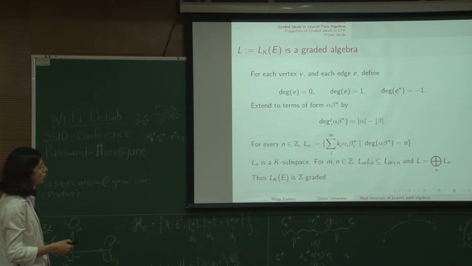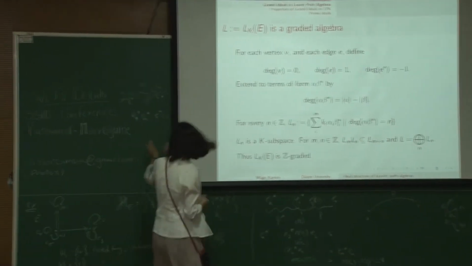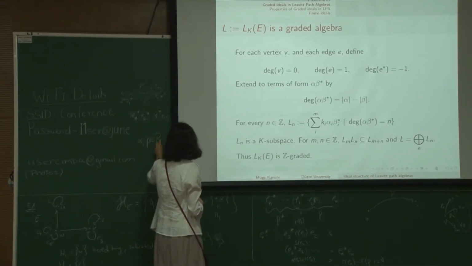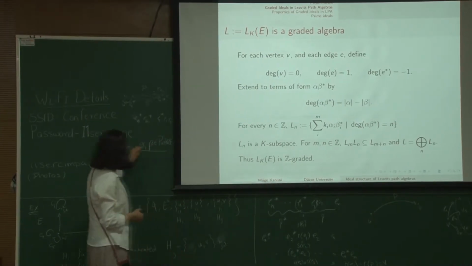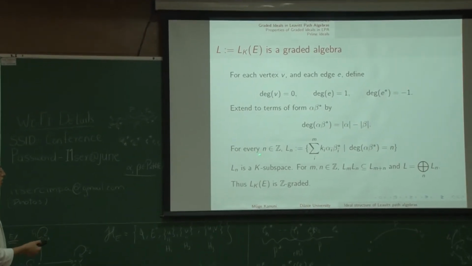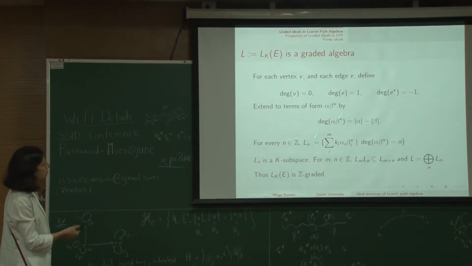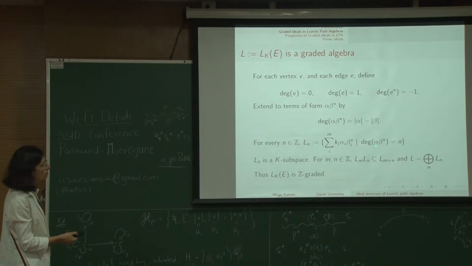The degree is basically the length of the alpha, the real part, minus the length of the beta part, alpha and beta being paths of E. For every n, I consider the homogeneous component of the Leavitt path algebra, which consists of the terms whose degree is n.